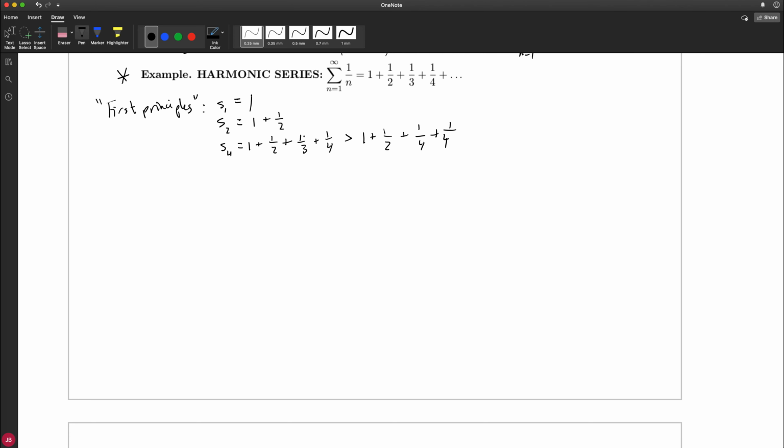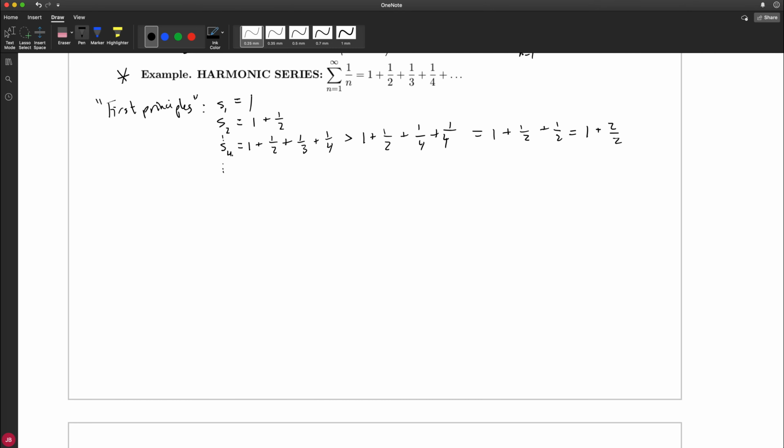I've taken 1/3 and replaced it by something smaller, so the expression on the left is bigger. That's why the inequality symbol goes this way, right? All right, well, this is 1 plus 1/2 plus 1/2, which I'm going to write as 1 plus 2 over 2.